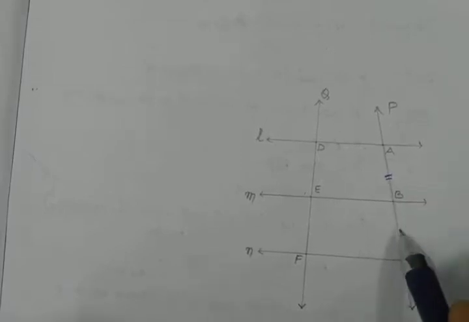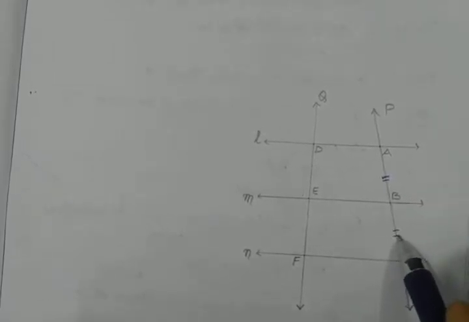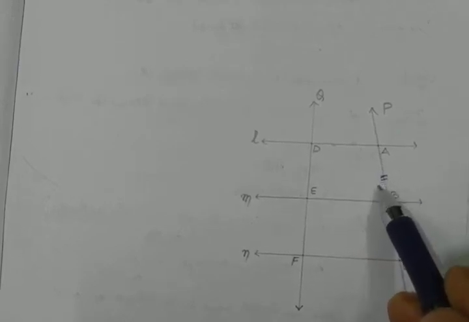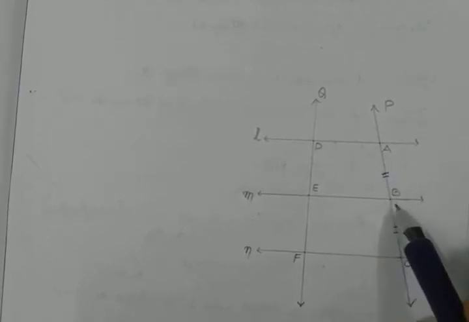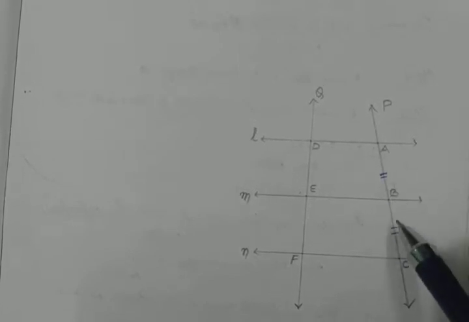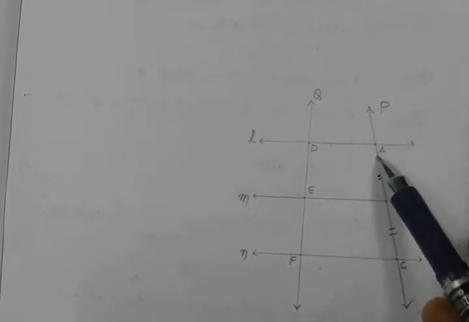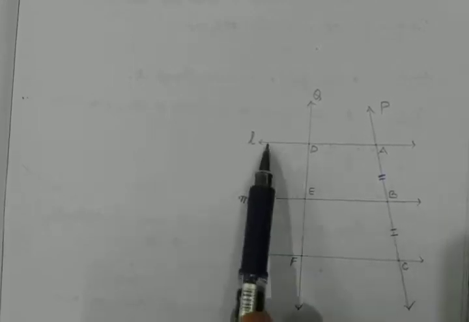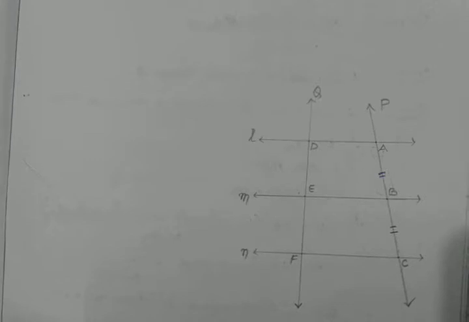So let's say AB equal to BC. When we say intercept, it is that portion of the transversal which lies between the parallel lines. So here intercept AB equal to BC on the transversal P by L, M and N. Let's write the given.